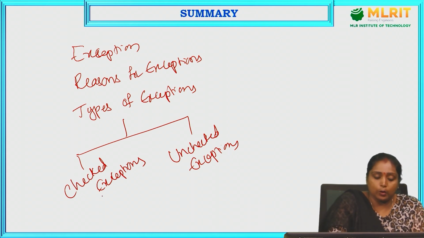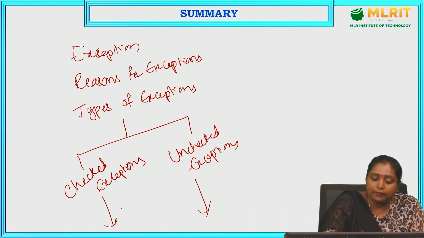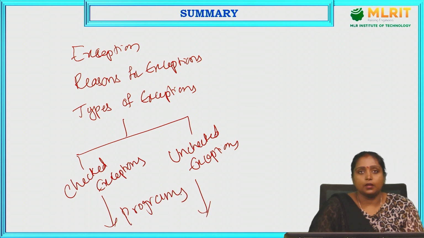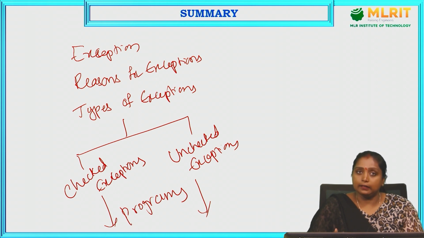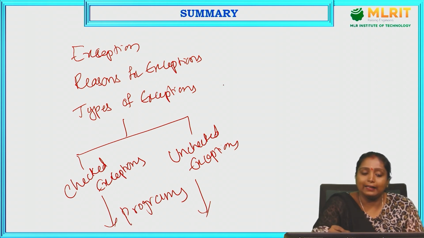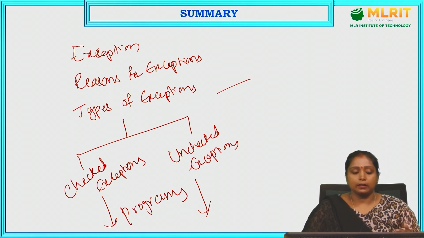We have seen what comes under checked and unchecked exceptions, and we have seen example programs for both. This is what we have learnt in this session, and in the next session we are going to handle these exceptions manually, how the developer can handle them.